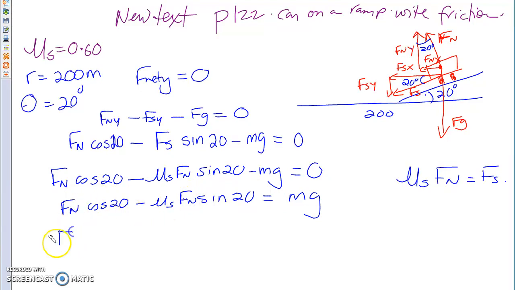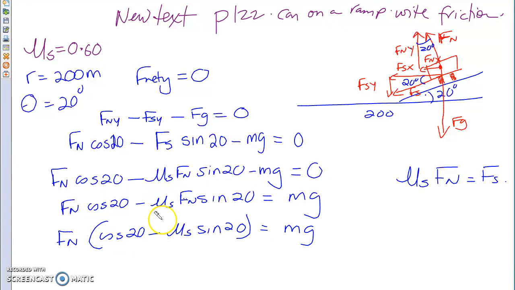So I'm going to factor out Fn, and you're left with cos 20 minus mu s sine 20, which equals mg. Does that make sense? You see what we did? So you got Fn, which equals mg divided by cos 20 minus mu s sine 20.